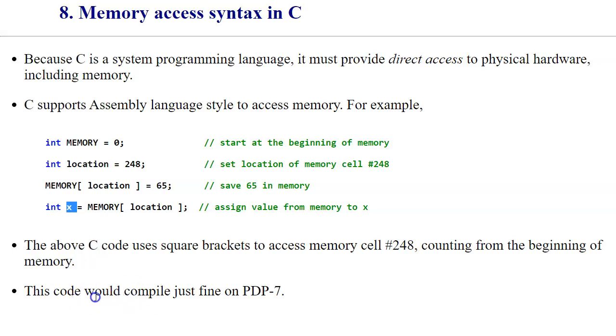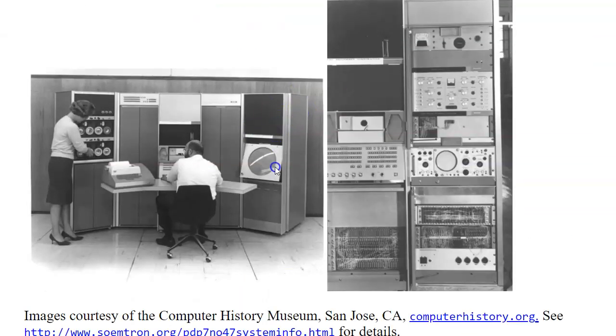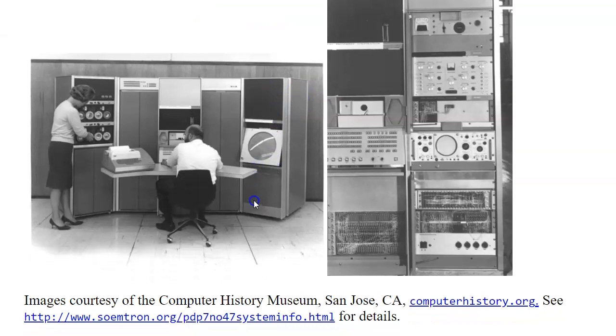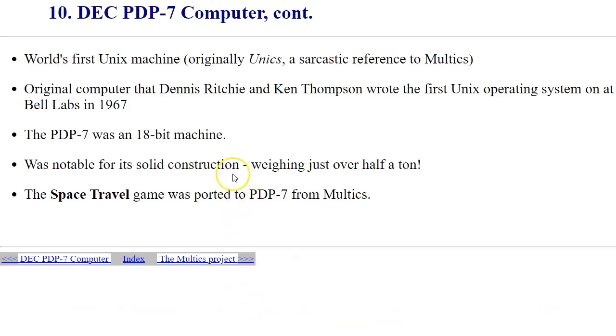So this code would compile just fine on an older machine such as the PDP-7. This is an example of this computer, PDP-7. It was the world's first Unix machine, Unix originally spelled as a sarcastic reference to Multics, which was a different project, but it originated by Dennis Ritchie and Ken Thompson of Bell Labs in 1967.